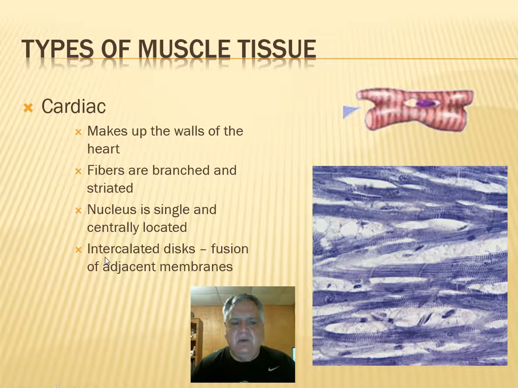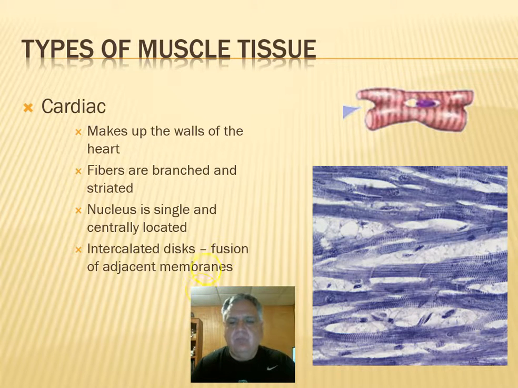They're fused together, and the sites where they are fused together are referred to as intercalated discs. These intercalated discs represent the fusion of adjacent membranes. Intercalated discs are actually desmosomes that you may recall learning about in AMP1. Desmosomes are one of several ways that cells in membranes can be stitched together.